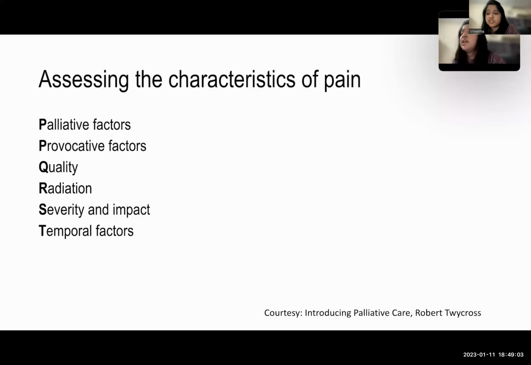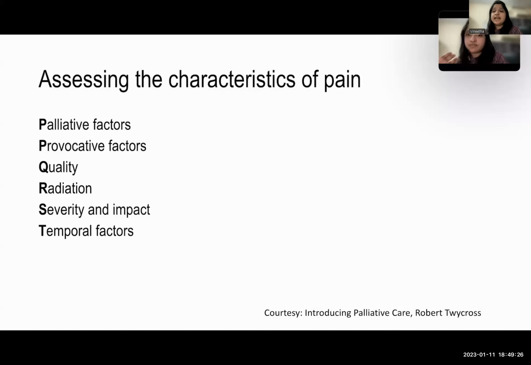But since there was no other modality that the physician could think of, she was being scaled up on morphine. So that is why you have to be very careful about what the quality is. Is it nociceptive, neuropathic, somatic, visceral, colicky pain, whatever is the quality of the pain.